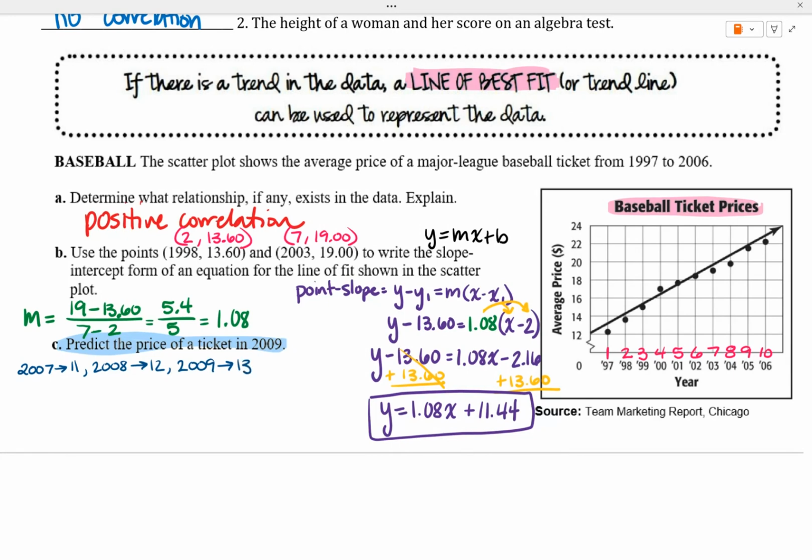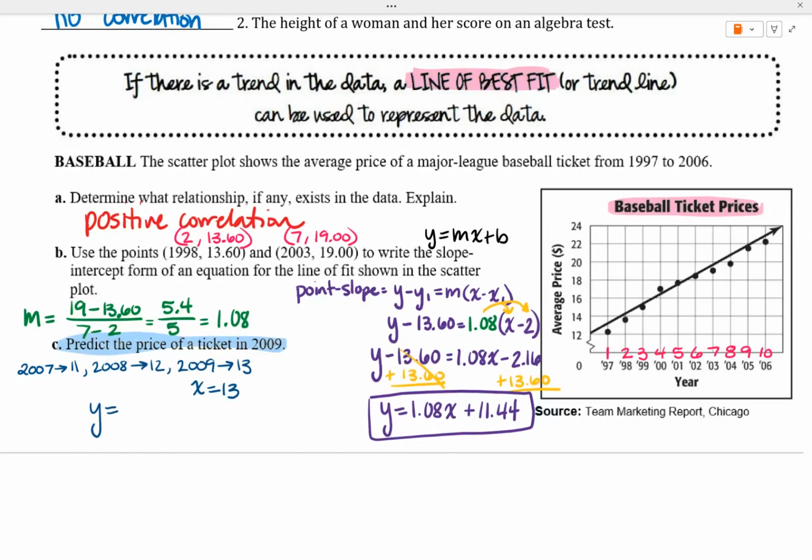So I'm going to use 13 as my x value to find out what would happen in year 2009. Again, if you had originally written this equation with the 2003 and the 1998, that's fine. And you could do all of this with those numbers. We want to deal with some smaller numbers, so we're going to turn them into 1 through 13. So for x to equal 13, we're going to plug that into our equation and find out what the ticket price was.